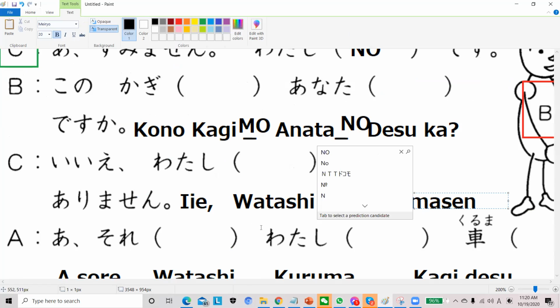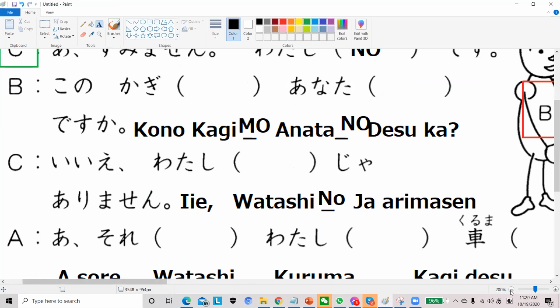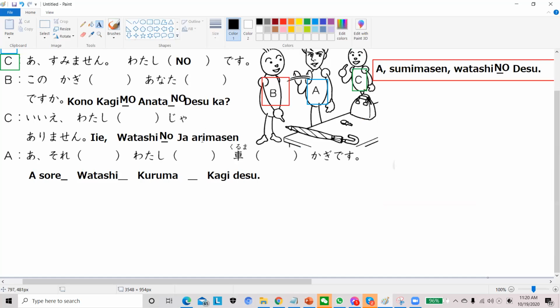Watashi no. Watashi no ja arimasen. Ja arimasen is not really a noun, but it means it's not. So you're saying, no, it's not mine. Instead of watashi no desu, you make the negative of desu into ja arimasen. Watashi no ja arimasen. No, it doesn't belong to me.